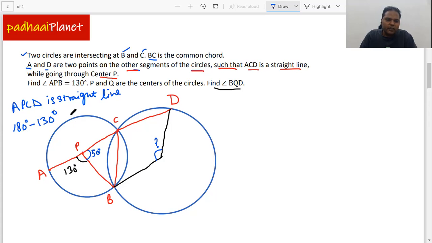So we can say that angle BPC is equal to 50 degree.